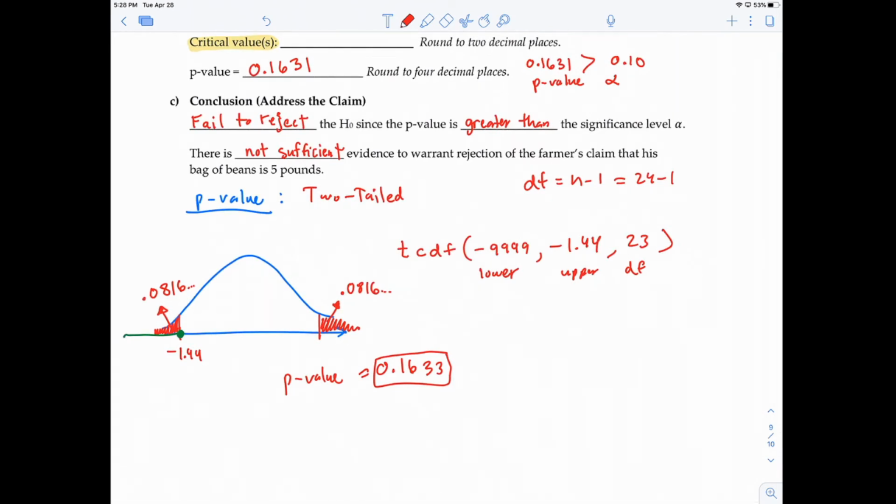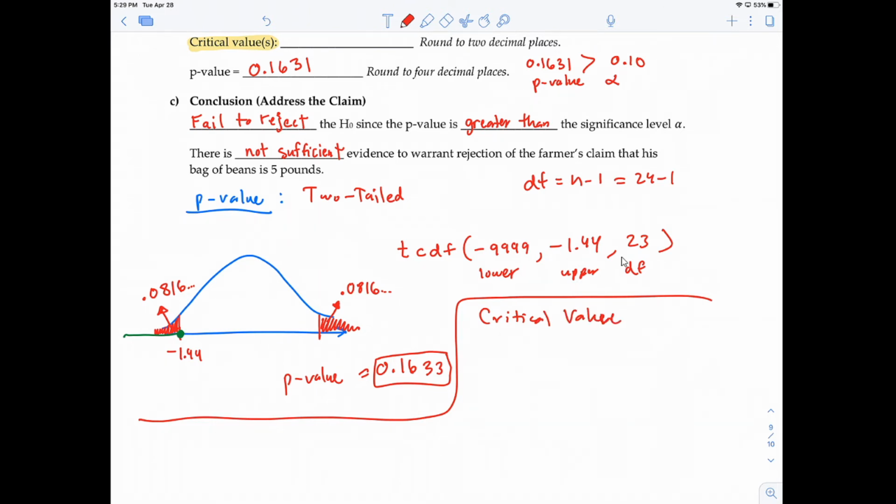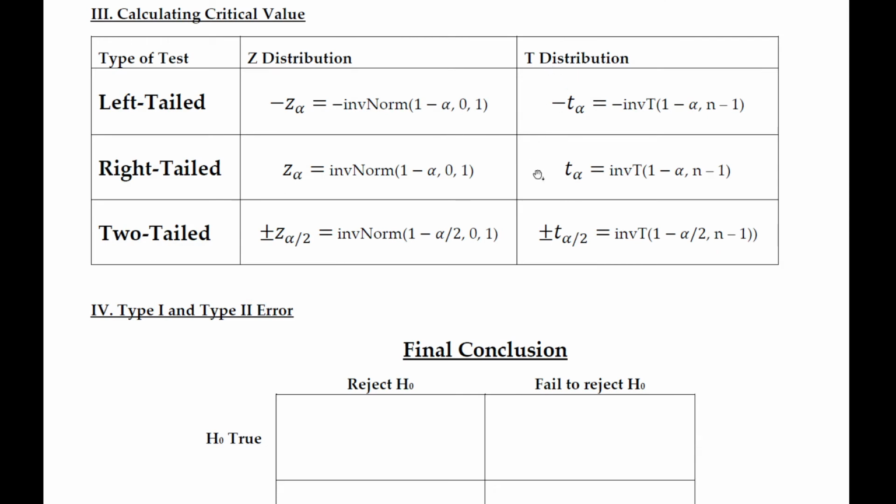Because it's a two-tailed test and it's a t distribution, there are two critical values, positive and negative t sub alpha divided by 2.